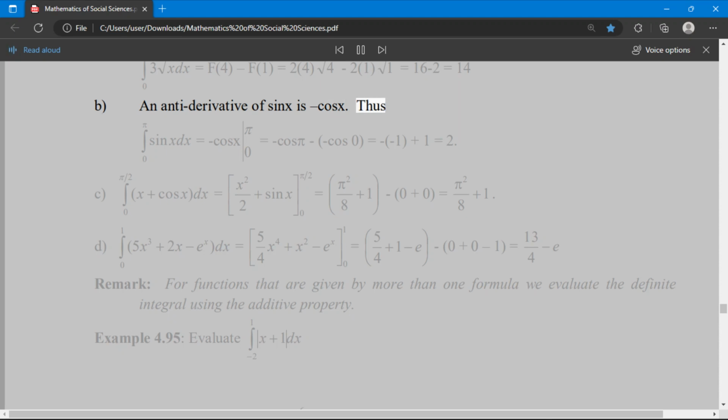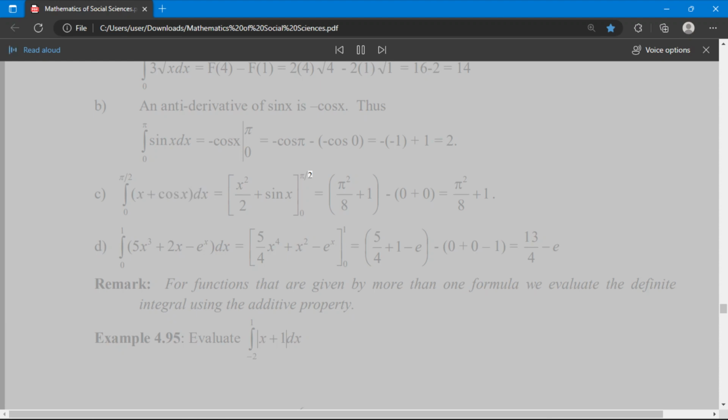B. An antiderivative of sin x is −cos x. Thus ∫₀^π sin x dx equals −cos x from 0 to π, equals −cos π + cos 0, equals 1 + 1 equals 2.